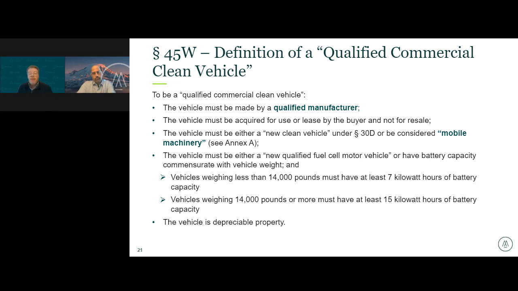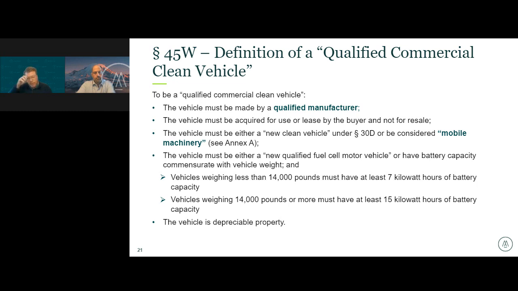The vehicle has to be considered clean. And while you can't double dip under Section 30D, which we were talking about on the other slide, that's essentially the baseline definition for all of this, or alternatively be considered mobile machinery. Mobile machinery is sort of its own animal, which is really interesting.